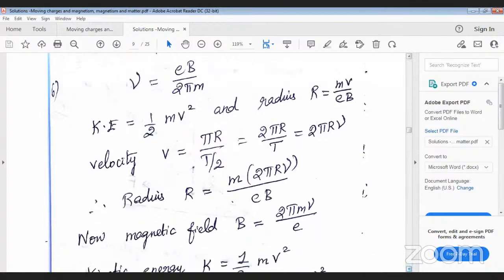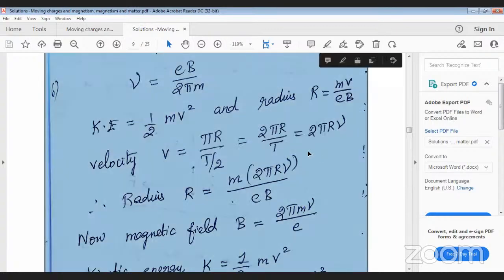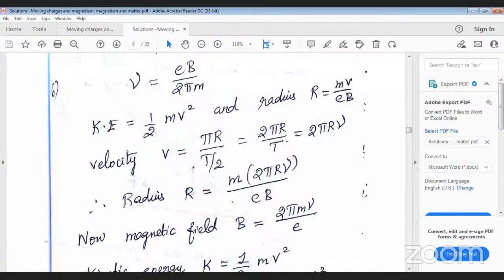And velocity equals 2 pi r by T. Why is it 2 pi r by T? Because it is a circular path, so the circumference divided by the time period is the velocity. And 1 by T is nothing but the frequency.